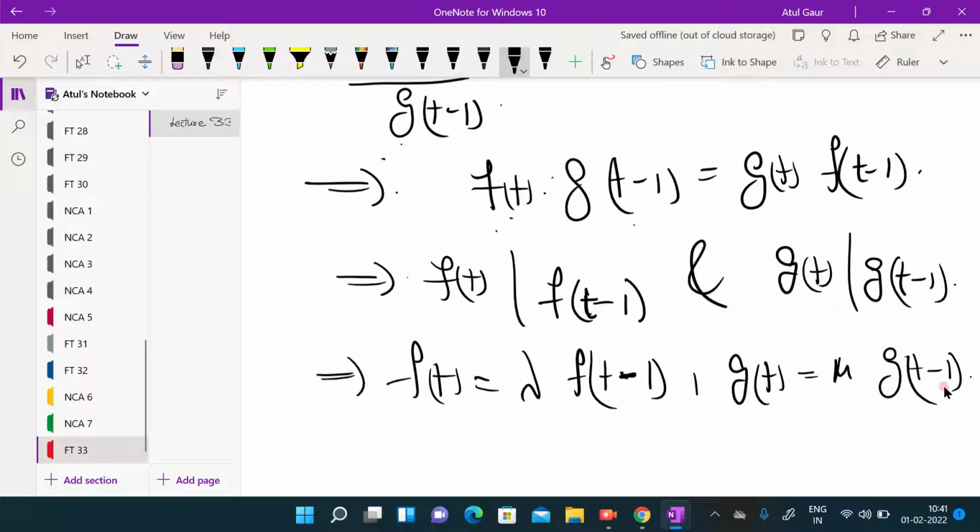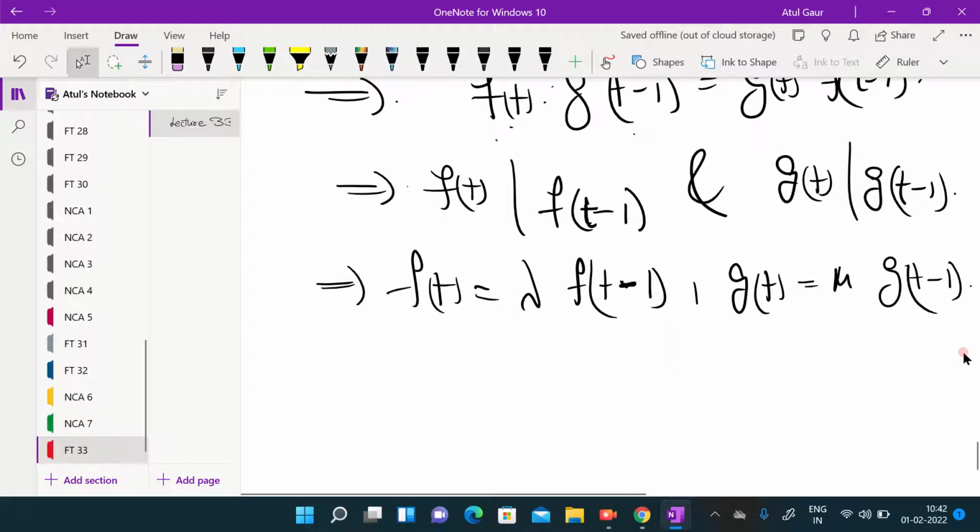Okay, so fine, all right. So that means if the polynomial f(t), I mean f(alpha) is 0, then f of alpha minus 1 is also 0.